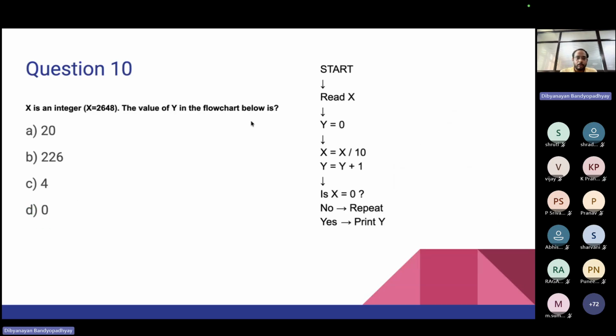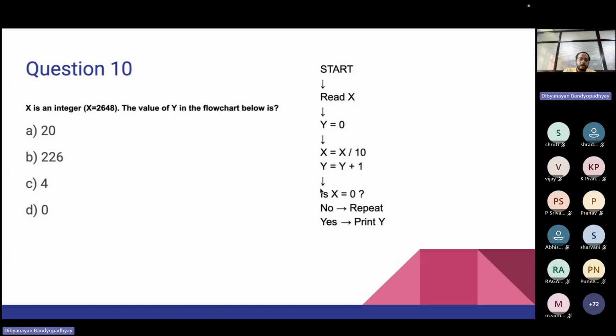So this is question number 10, and this is the flowchart. I think you can read it. This is the start, and by following that arrow, let me explain the flowchart. Read x: you read the value of x, and then you assign the value of 0 to y, and you follow these two operations.